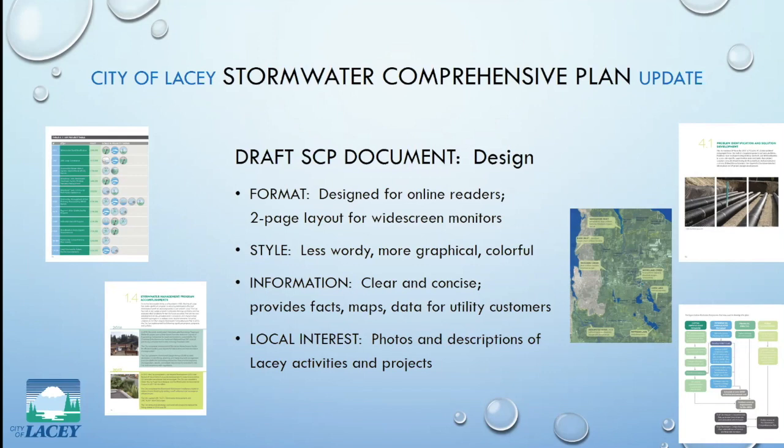So there's a lot of graphical elements, a lot of color. The text is kept relevant, summarized, and concise. And there are a lot of local photos that are inserted around there just to make it a little bit more of an interesting read.